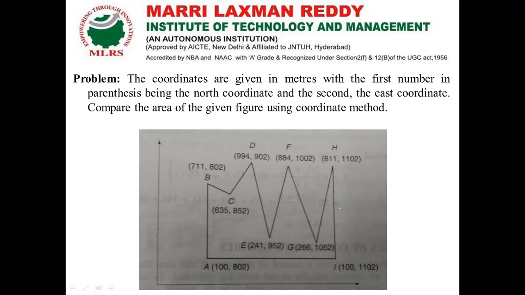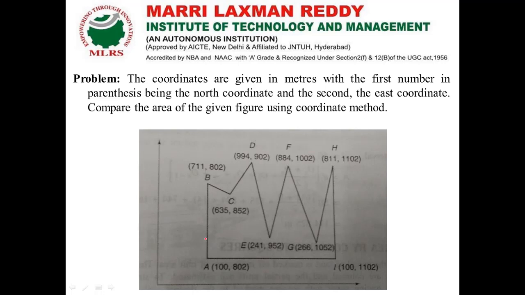Here they have given the data as follows. The coordinates are given in meters with the first number in the parenthesis being the north coordinate and the second the east coordinate. Compute the area of the given figure using the coordinate method.